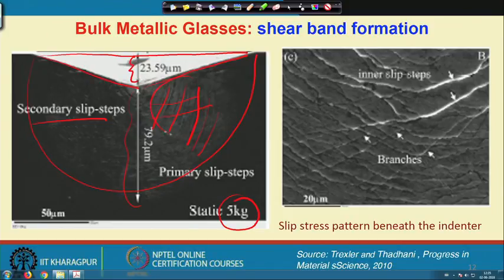A magnified view is shown on the right hand side, where we can see the slip step pattern radiating from the center, and how these slip steps evolve at a length scale of 20 micrometer.